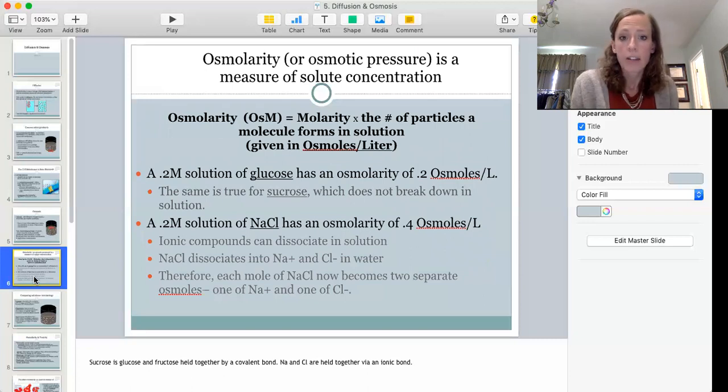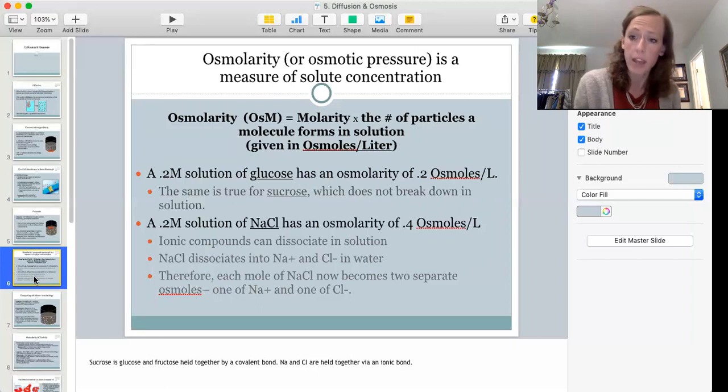Okay, next slide. So osmolarity or osmotic pressure, these are terms that we use to refer to solute concentration in a solution. So osmolarity is very similar to molarity. It's a measure of concentration, but it is different in that it's affected by the number of particles that a molecule forms in solution.